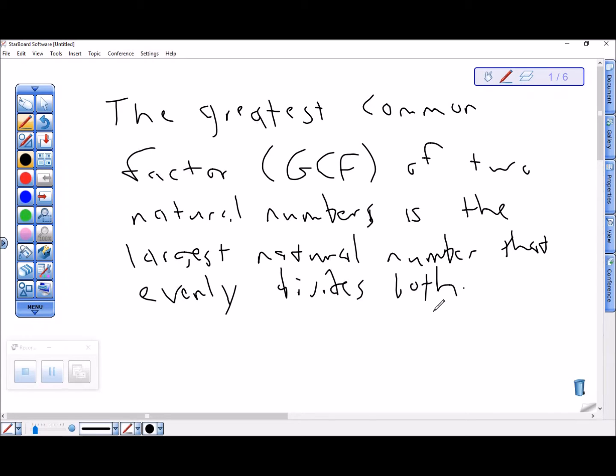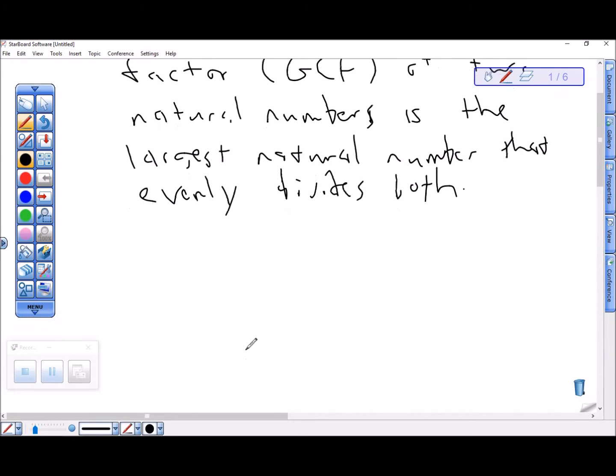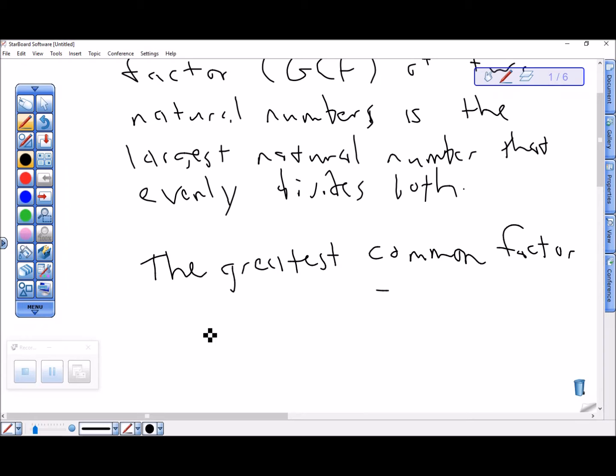Okay, for example, the greatest common factor of 8 and 12 is 4.